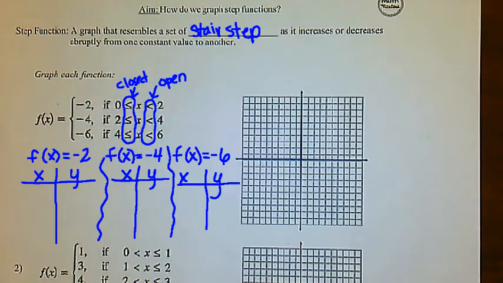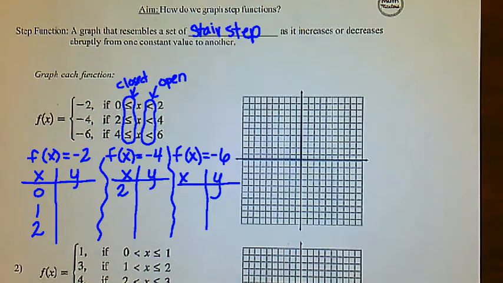Now I'm going to really quickly go through. This -2 one just goes from 0 all the way to 2. The second one goes from 2 to 4. And then the third one goes from 4 to 6.